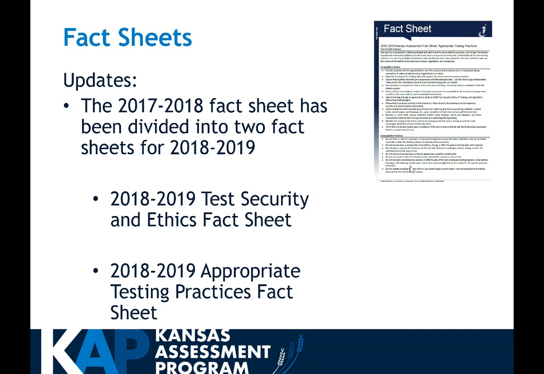These documents have been broken down into 2 parts. The first is the 1819 Test Security and Ethics Fact Sheet, and the second is the 1819 Appropriate Testing Practices Fact Sheet. Please pause the video and read through them, and when you have completed them, come back to this video.